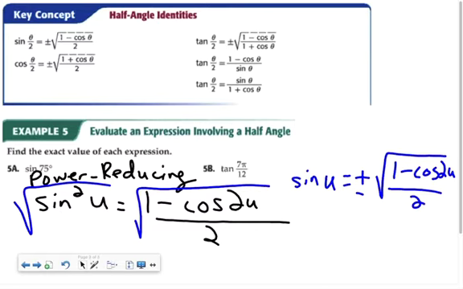So if you look at the relationship between the power-reducing formula for cosine, you see that it's pretty much the exact same thing. If I take the square root of both sides, I would have cosine equal to positive or negative square root of 1 plus cosine 2 theta, but in the half-angle identity, you would lose that. So you've got a little bit of memorizing you'll have to do.